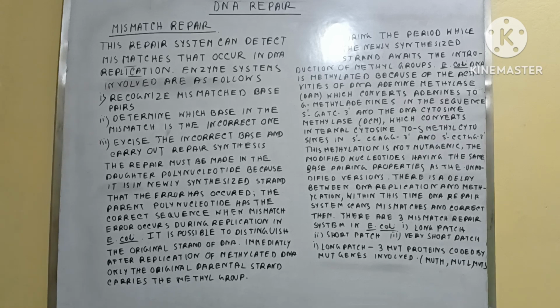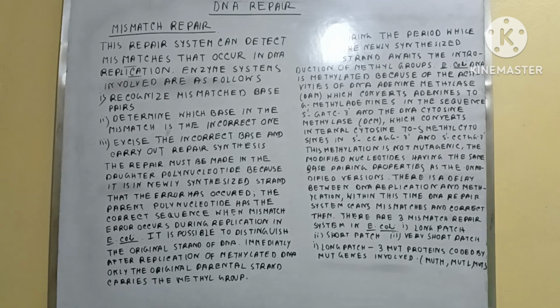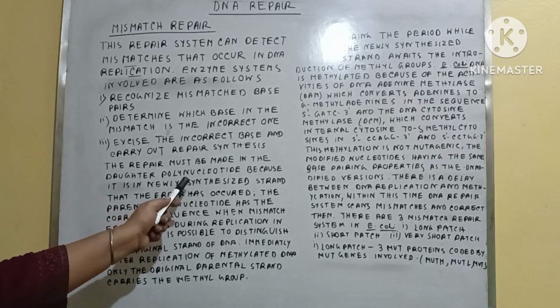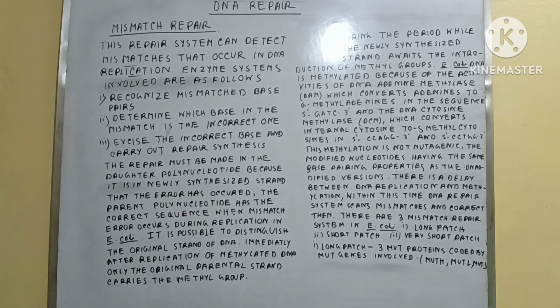Now this repair must be made in the daughter polynucleotide. What it is saying is that when the new strand is formed from the parental strand, sometimes mismatches form or errors occur, and this occurs in the daughter polynucleotide.